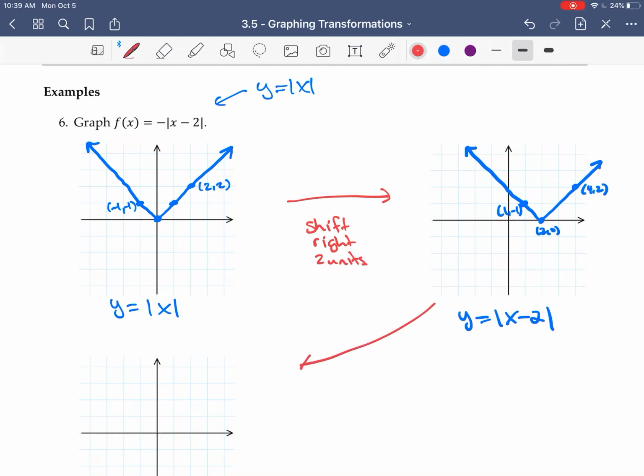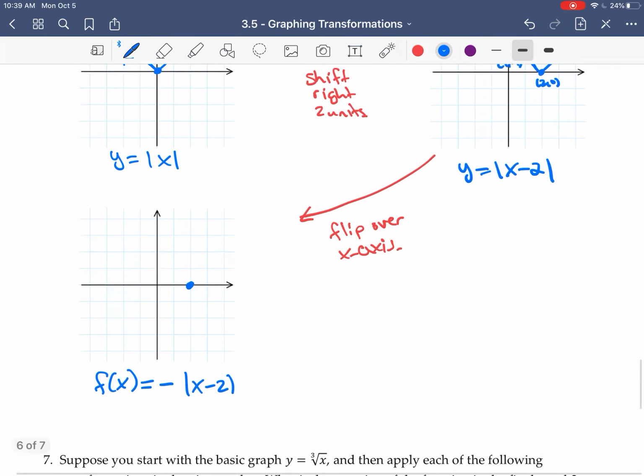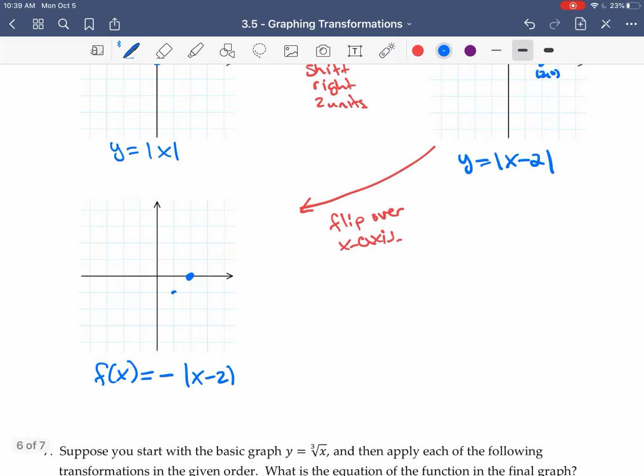Now I'm going to do my negative. So now I have my f of x function, which is the negative of the function before. We're going to flip over the x-axis. All I do is keep the points that are on the x-axis the same, and just move the other ones over.